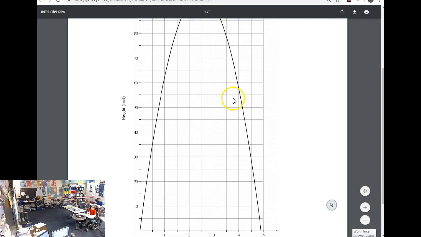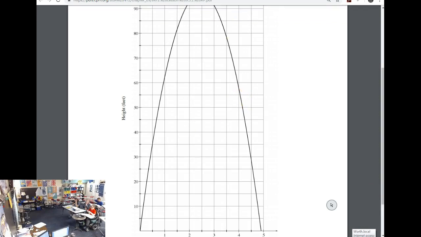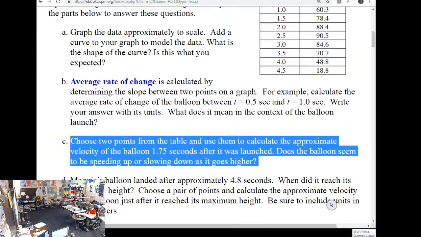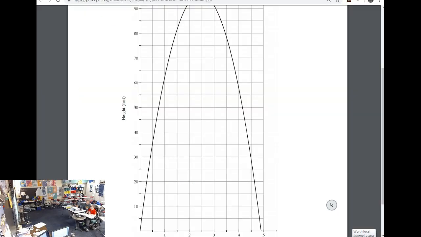On your own, calculate the average rate of change at 1.75, like the velocity at 1.75 seconds. Can you show the rest of the table?